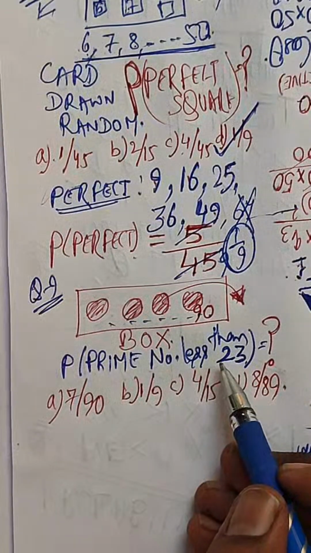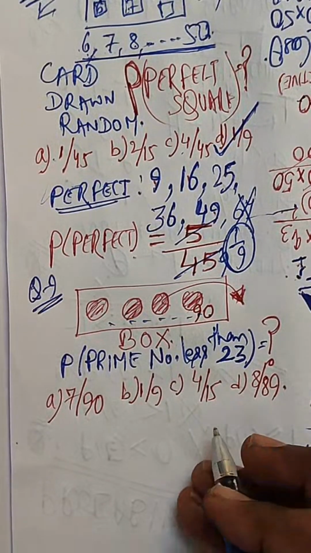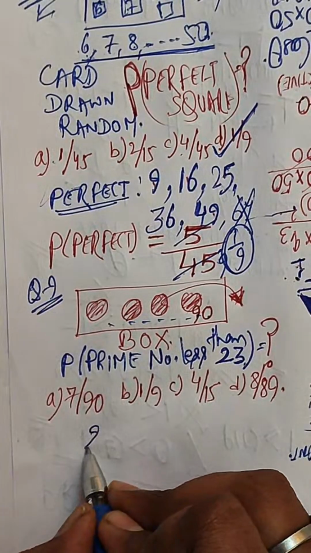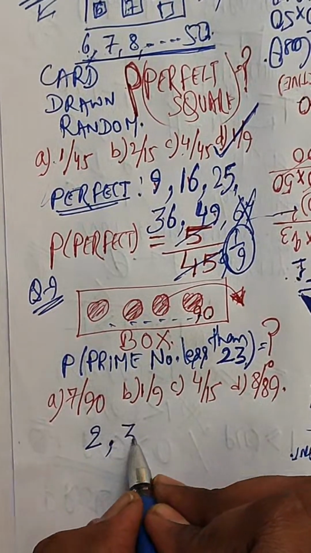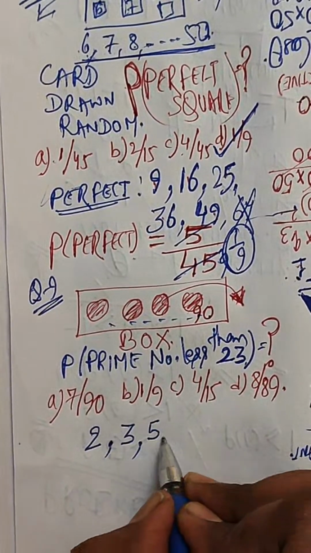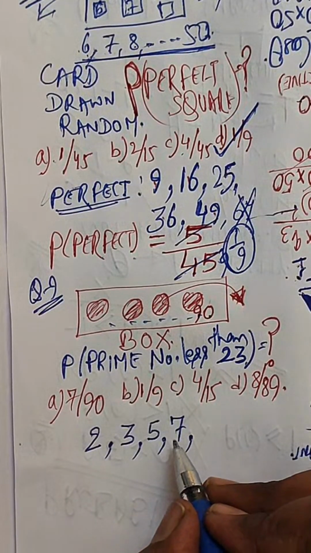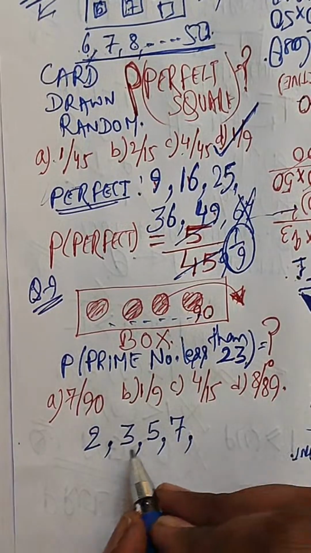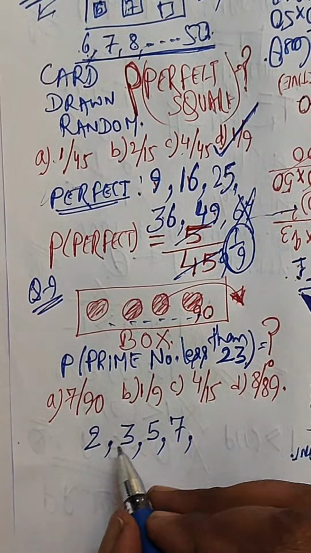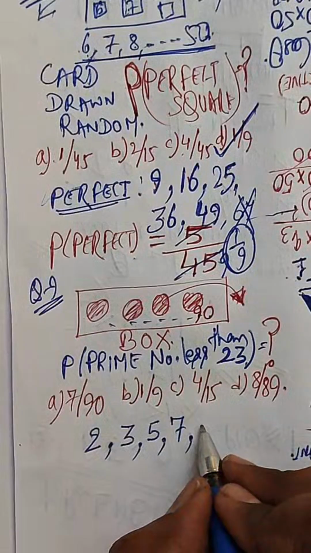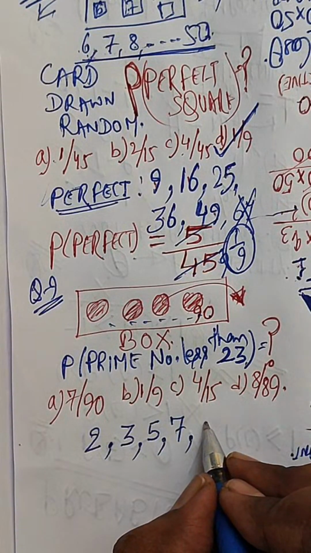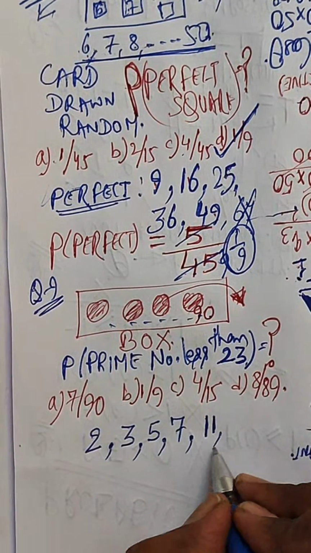So students, in this question we need to understand what the prime numbers less than 23 are. The prime numbers less than 23, the smallest prime number starting from 2, then 3, then 5, then 7, which are divisible by itself and 1 only, are the prime numbers, right? So 2, 3, 5, 7, 9 is not a prime number, 10 not, 11, then 13.